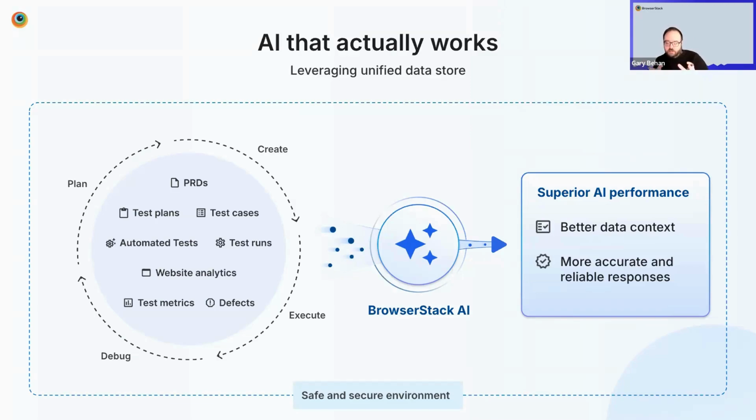All of that can be fed into our AI platform and allow you to create tests, create documentation, give you output on what's potentially not going well, what could be better, different things like that, and just give you overall better context around how your testing should look, right? And the more information you give it, the more accurate and the more reliable the responses will be.